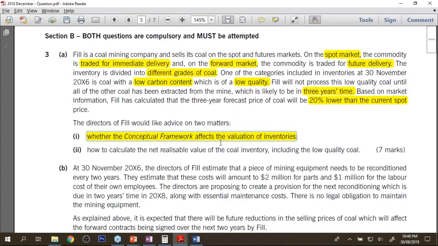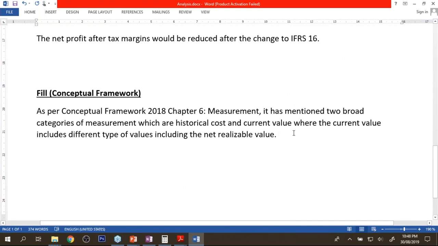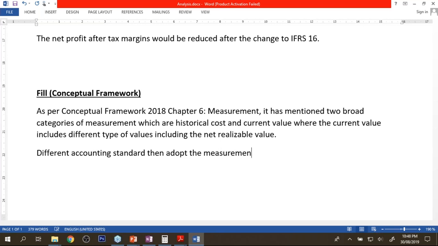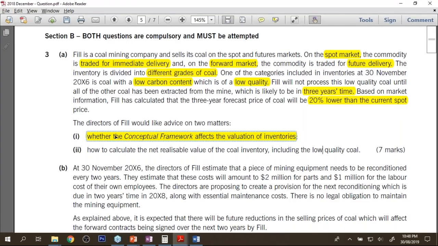So this is how the question is asking, and this is how we are telling it that the framework does talk about it, but not specifically, it is included in the current value. So we can say that different accounting standards then adopt the measurement rules as per the use of the asset. So this is how we are going to write down the first part of the answer.